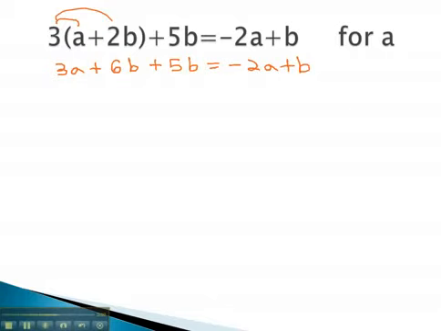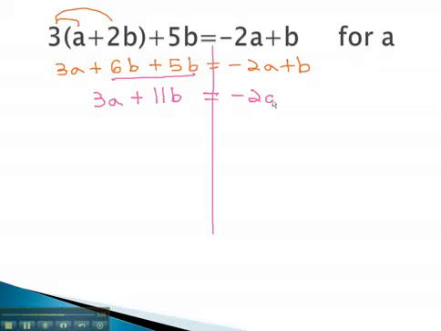As usual, after distributing, we can check to combine like terms. On the left side of the equation, you'll notice there's 6b plus 5b. When we combine those, we now have 3a plus 11b. The right side is still negative 2a plus b.